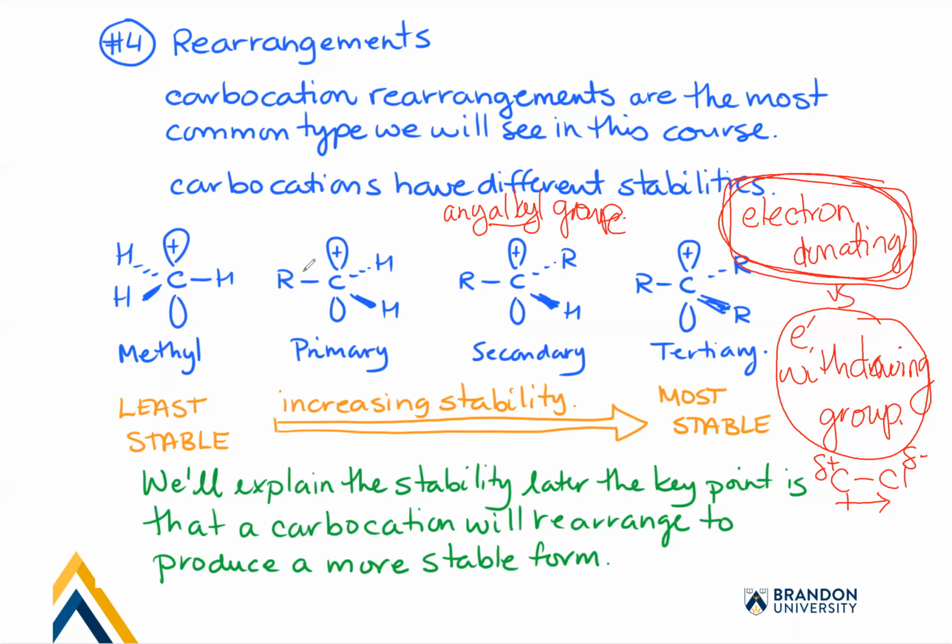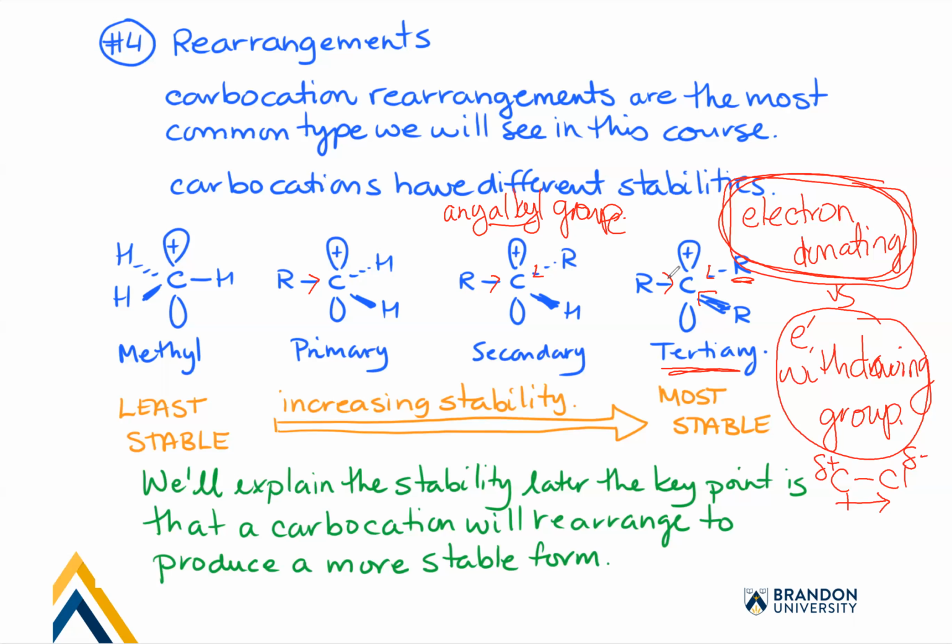So anytime you've got an R group which can push electron density, push, push, push, the more R groups that are pushing electron density to this positive charge, the more stable it's going to be. So that's one of the factors why a tertiary carbocation is more stable, because alkyl groups, R groups, donate electron density through sigma bonds.